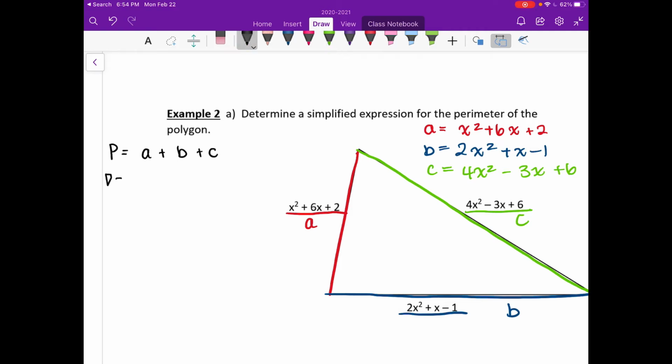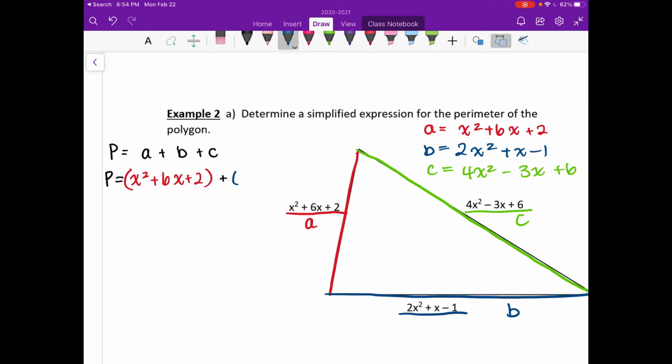P is equal to, A is just x squared plus 6x plus 2, and always going to be in brackets, plus B is going to be this blue, right?